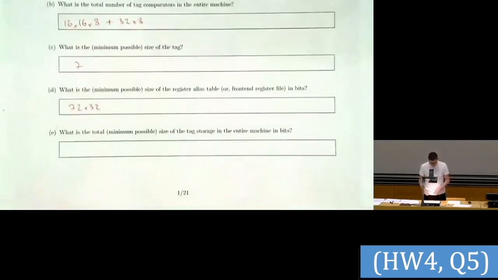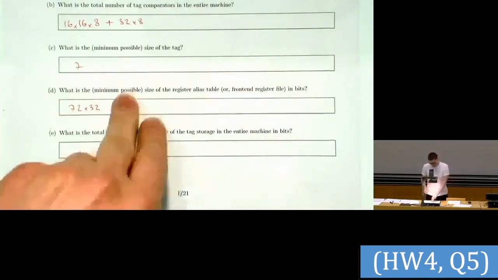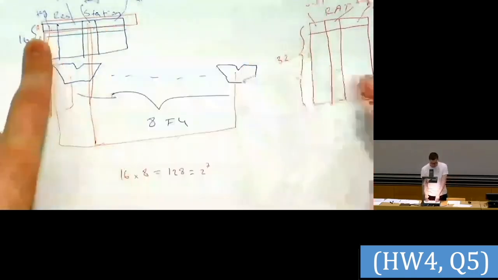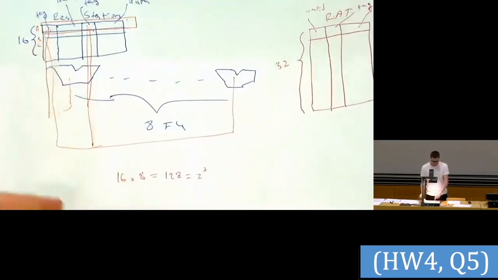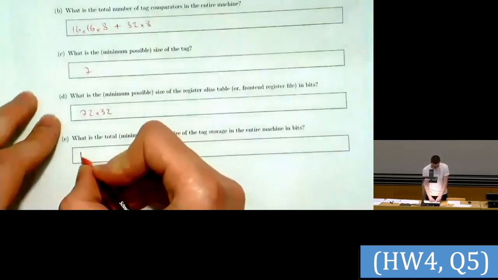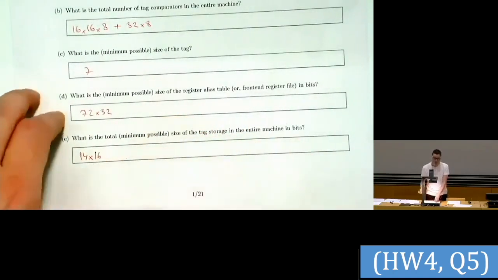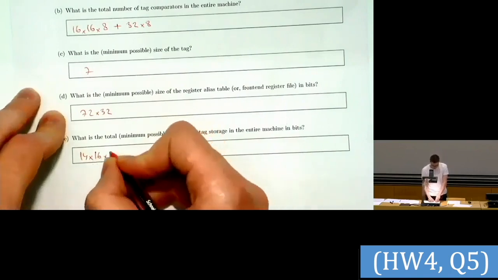And then the last part is, what's the total size of the tag storage in the entire machine in bits? It only asks about tag storage, so we should include the tag storage in the register alias table as well as in the reservation stations. In the reservation stations, we have 2 tags per entry, so it is 14 bits because we know the tag is 7 bits. So it is 14 multiplied by 16, because we have 16 entries per reservation station and there are 8 of them.